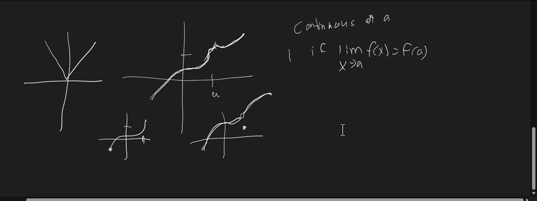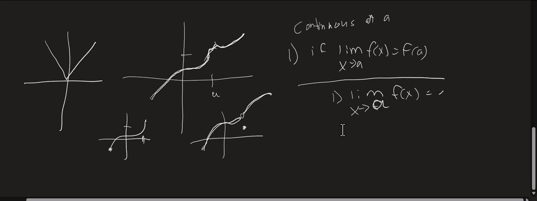I said this was the shorthand way of saying the function is continuous, because this is really saying three things in one. It's saying, one, the limit as x approaches a of f of x exists. And it's saying, two, f of a exists.